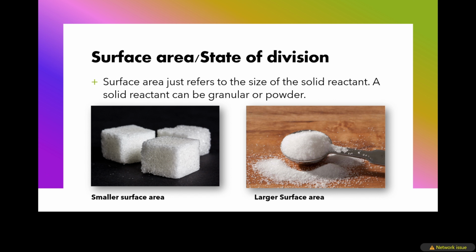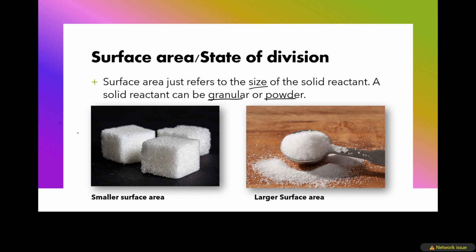So the last factor that is affecting the reaction rate is the surface area, or the state of division. Surface area is just referring to the area occupied by the reactant. So you can just say it is the size or the area occupied by the reactant. A solid reactant can be in a granular state or in a powdered state.